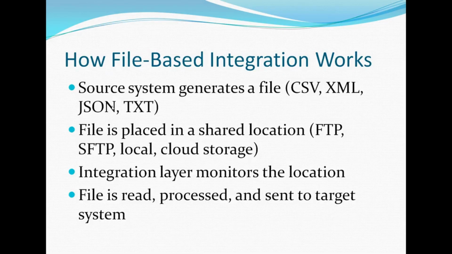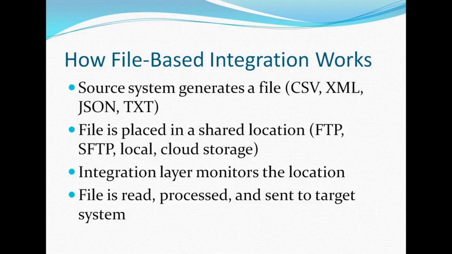So how does file-based integration work? The source system generates the file. It may be in any format: CSV, XML, JSON, or text. In modern systems, we may also have Excel, PDF, any kind of files. The source system places the file in a folder.